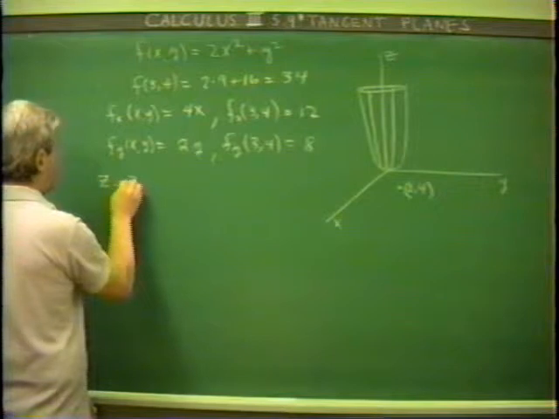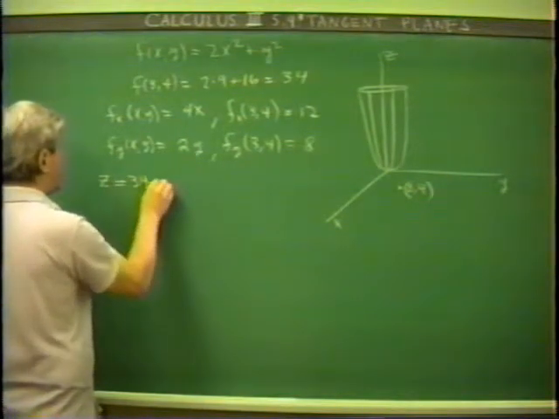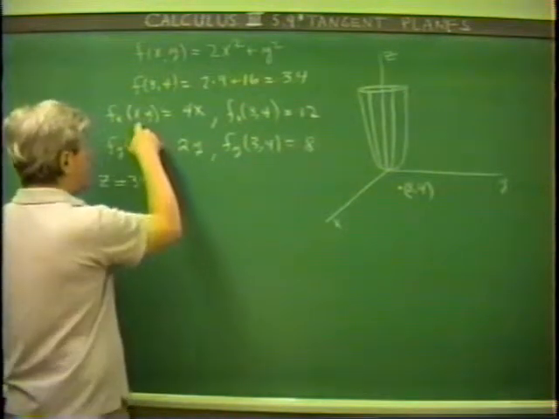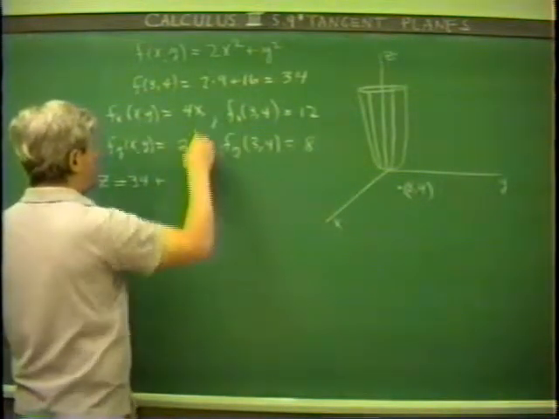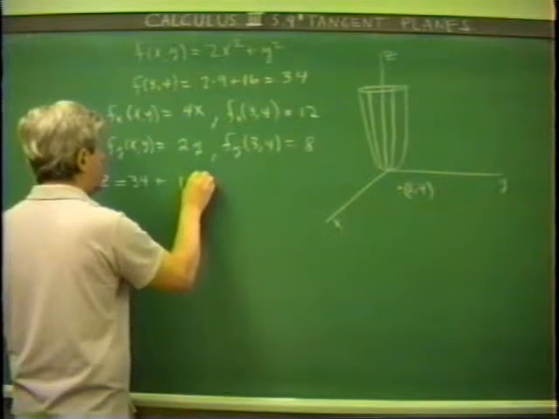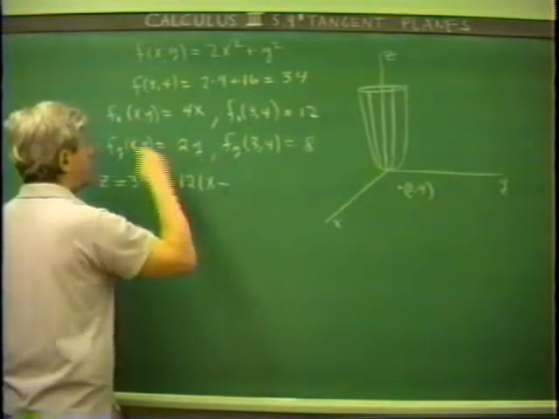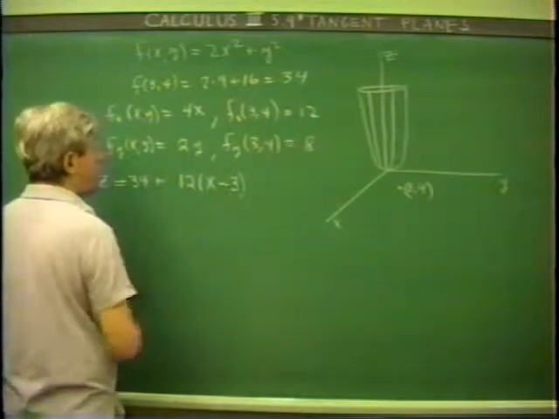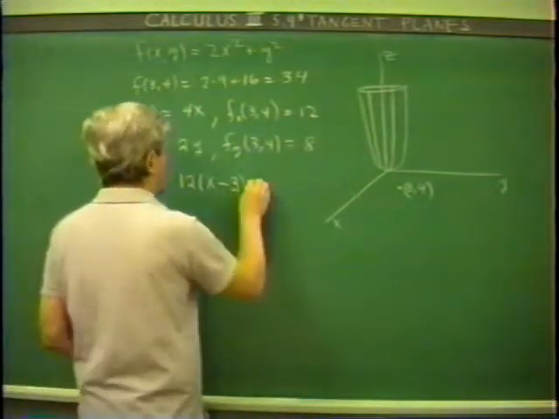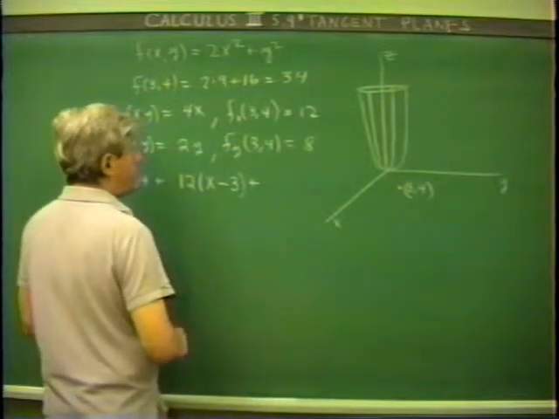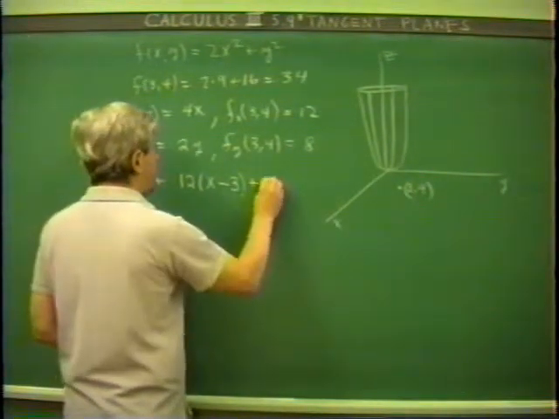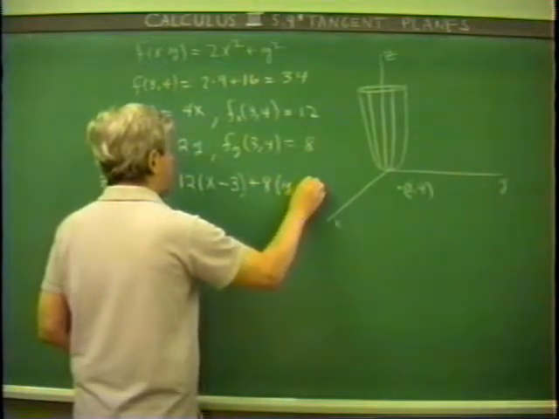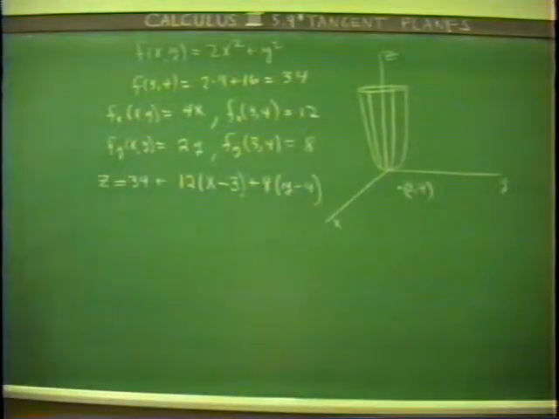Okay, so consequently the equation of tangent plane is going to be z is equal to 34 plus the partial with respect to x, right, at the point, which is 12, times x minus, our point here was 3, 4, so it's going to be x minus 3, plus the partial with respect to y at the point is 8.